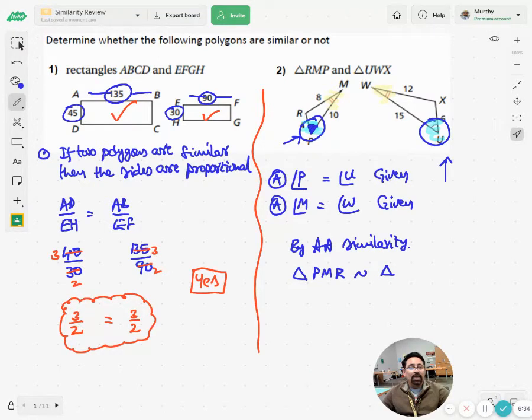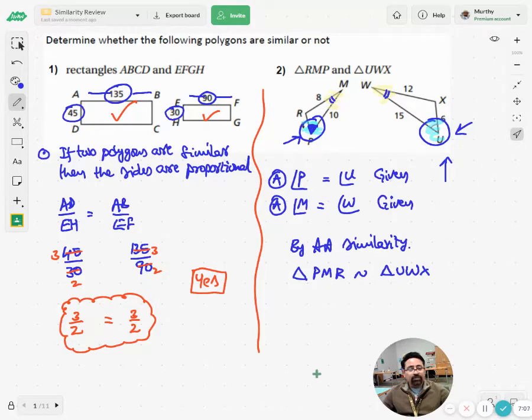So this is my angle with the same symbol, which is U here. And my second letter in PMR is M. So I see that M is marked with two lines. You see that here it is two lines. So I have to take the corresponding angle, which is W. So U, W, and the third letter is X.